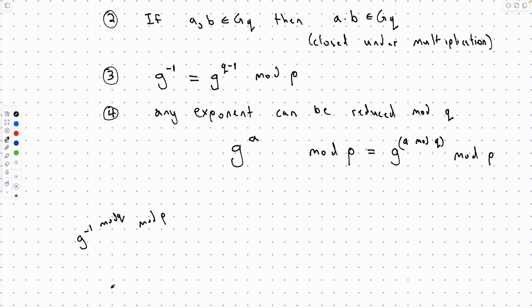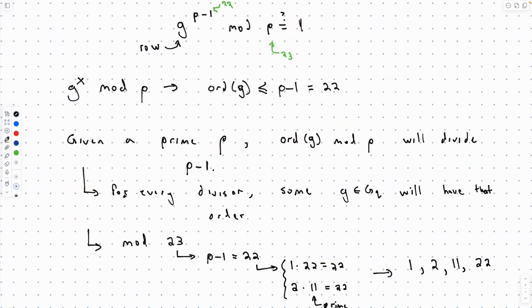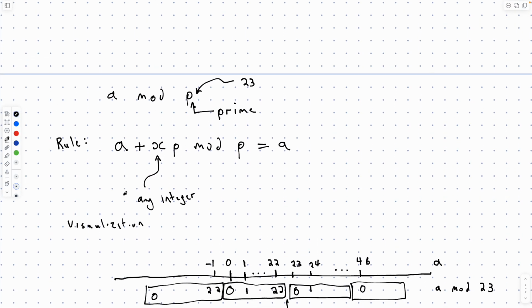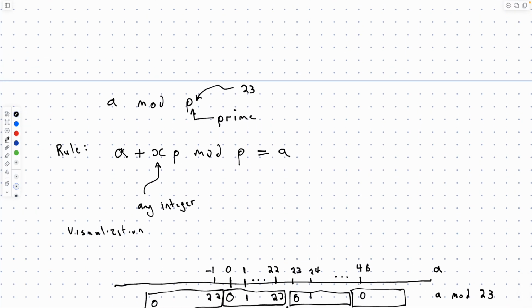If I add q hours to a clock mod q, is it going to change the time? No. I can always add q. If I'm doing mod q, I can add multiples of q and it doesn't change the time. If you're not convinced, try to remember from an hour ago, where I said if you have some number and you add p to it, mod p, or any multiple of p to it, you just end up back at the same number itself.